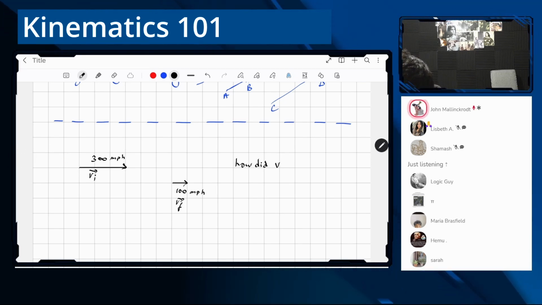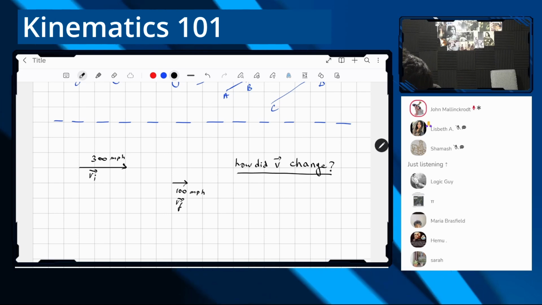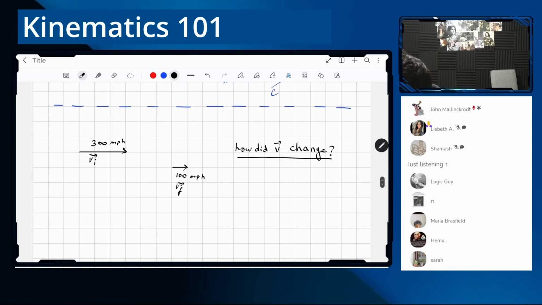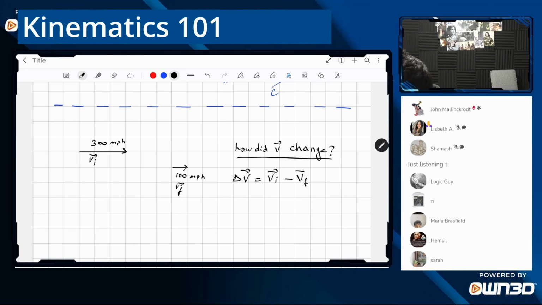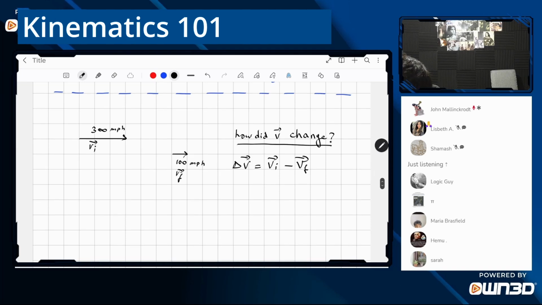It started 300 miles per hour to the east. It ended up 100 miles per hour to the east. So the change in the velocity was 200 miles per hour to the west. Show me that vector diagram. Oh, other way around, final minus initial.